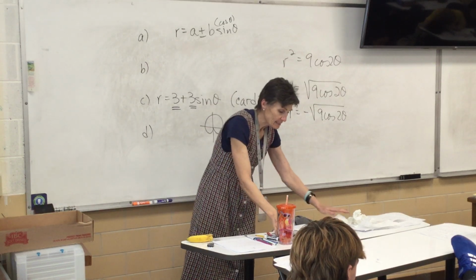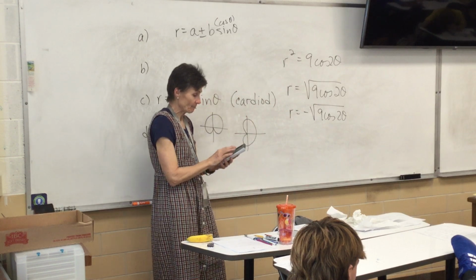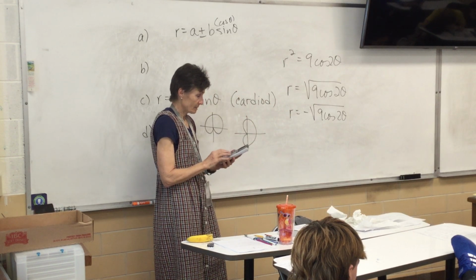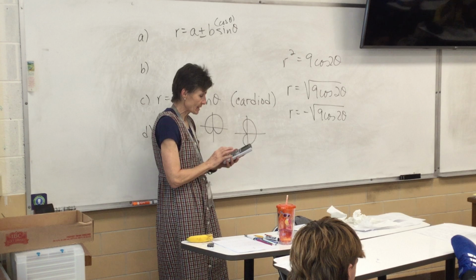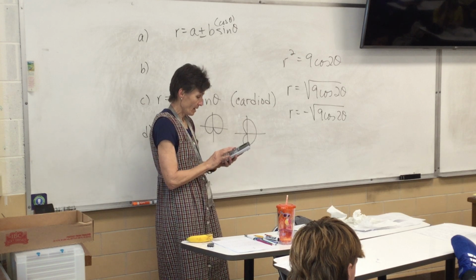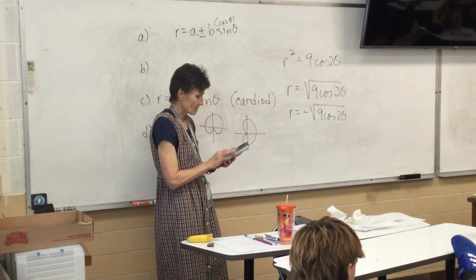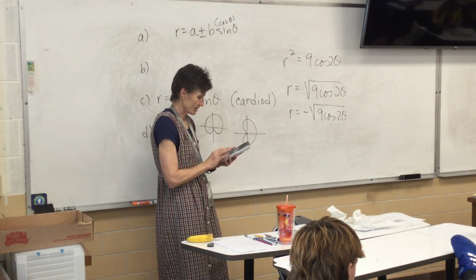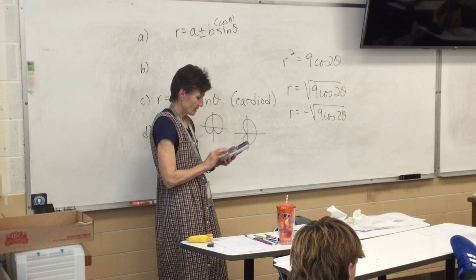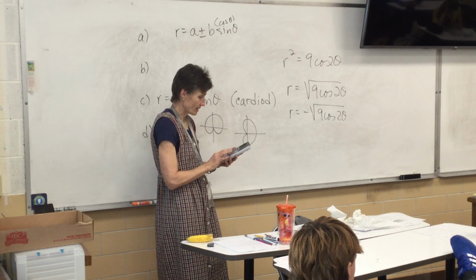Let's leave everything set up the way we had it. Type it in as 2 equations. Square root of 9 cosine 2 theta, and negative square root of 9 cosine 2 theta.